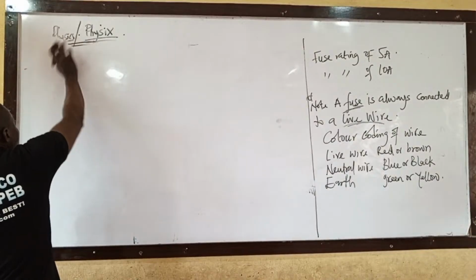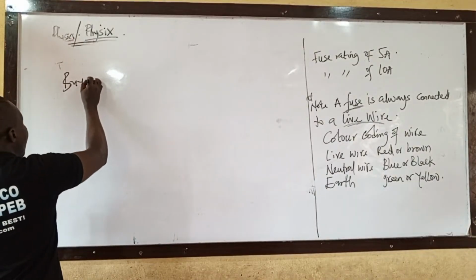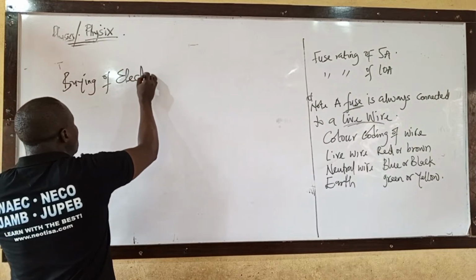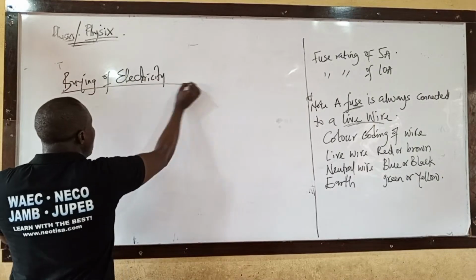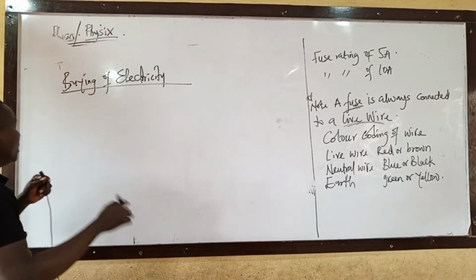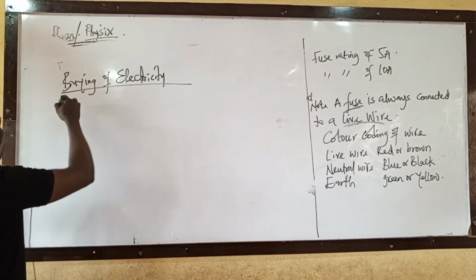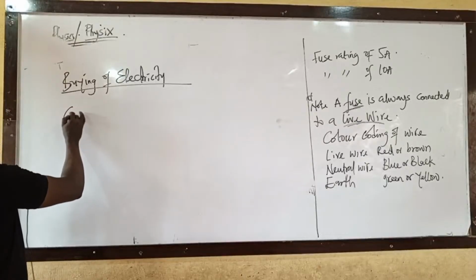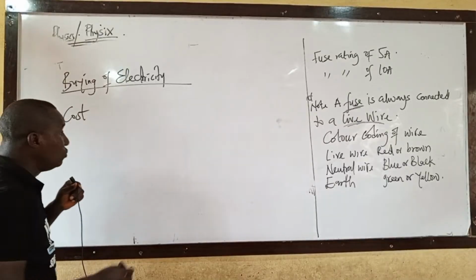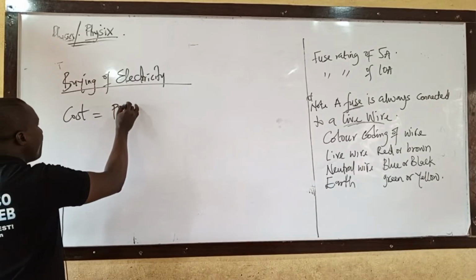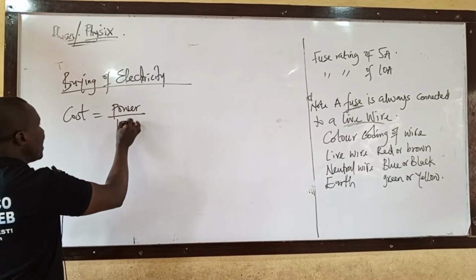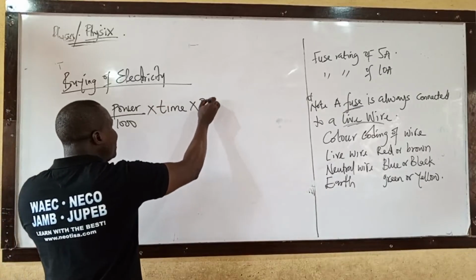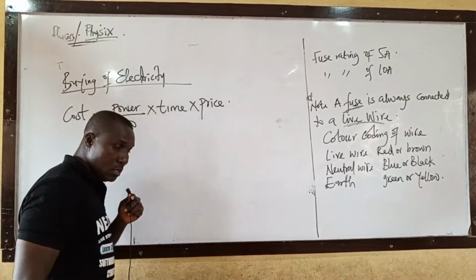Buying of electricity from NEPA. Just take note of this formula. The cost in which NEPA is selling to you equals power over 1,000 times time times the price they are selling the kilowatt hour to you.